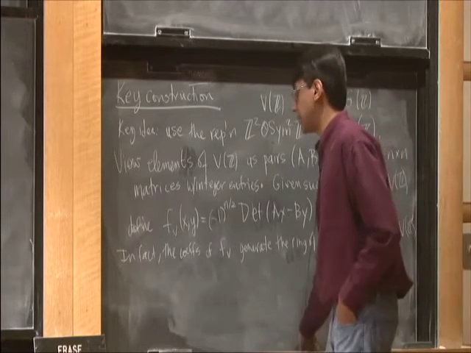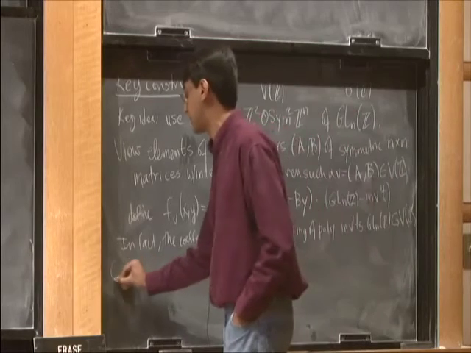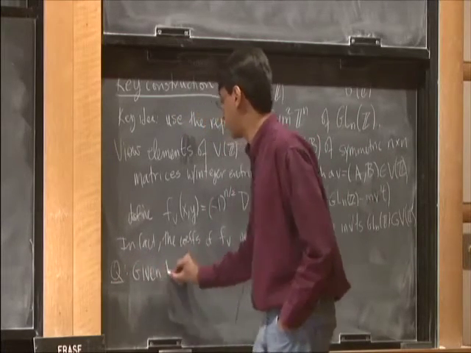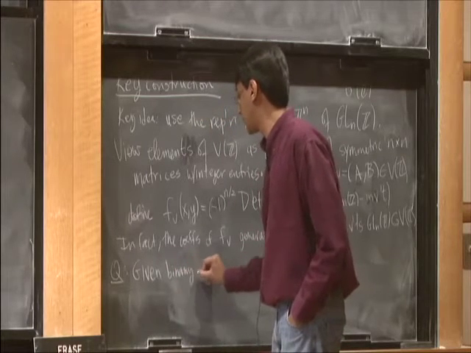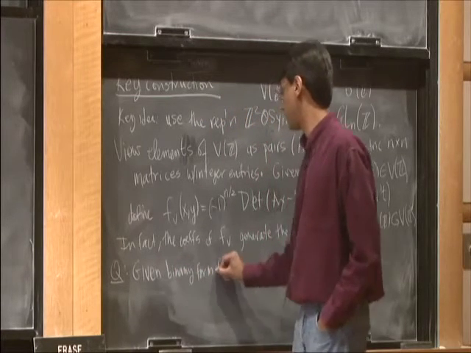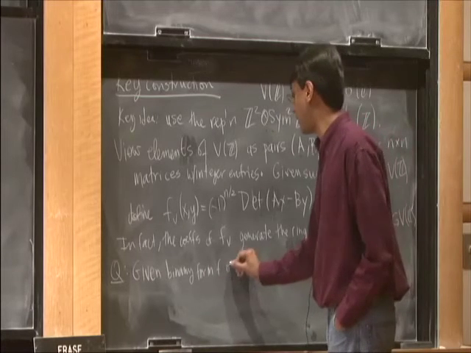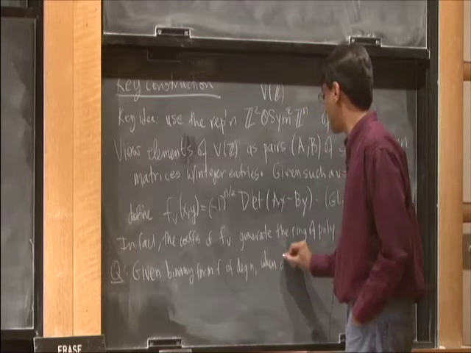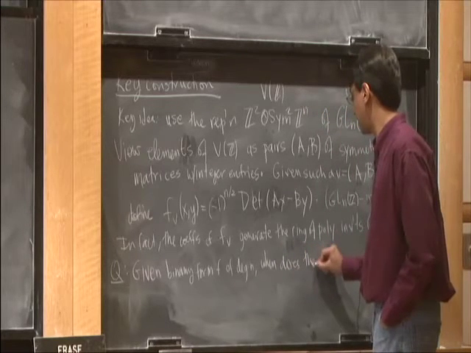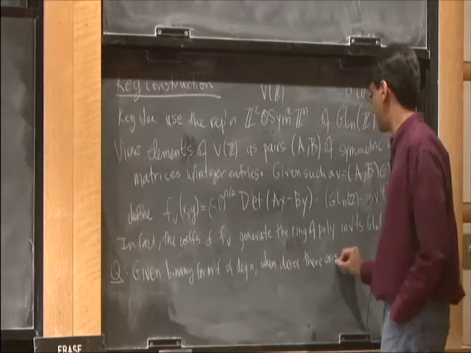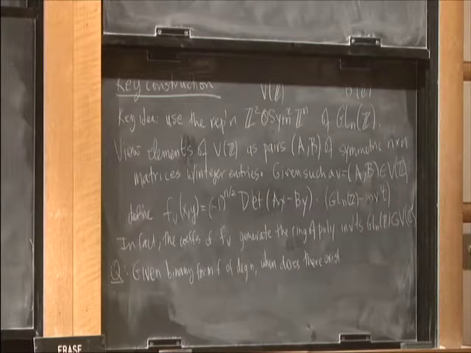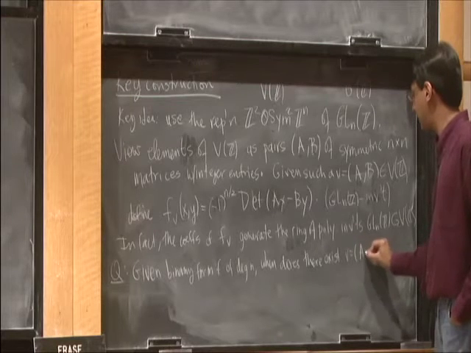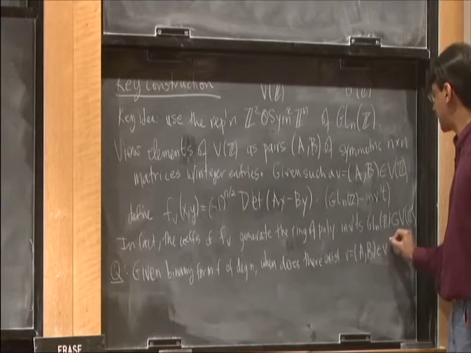And so here's a natural question: given a binary form f of degree n, when does there exist V equals (A,B) in V(Z)?